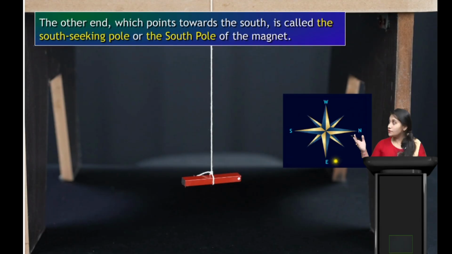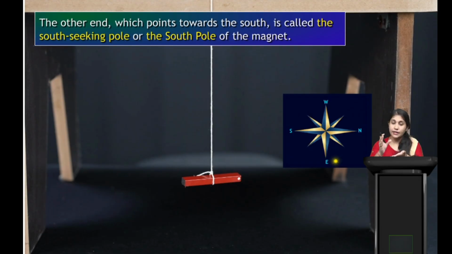And the other end which points towards the south is called the south-seeking pole or the south pole of the magnet. In every magnet there are two poles, north pole and south pole.